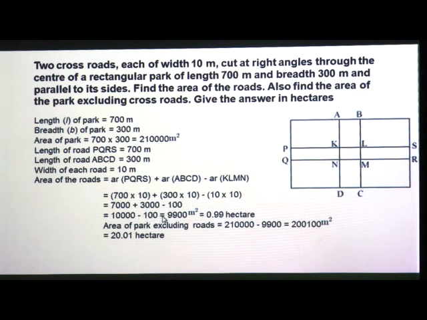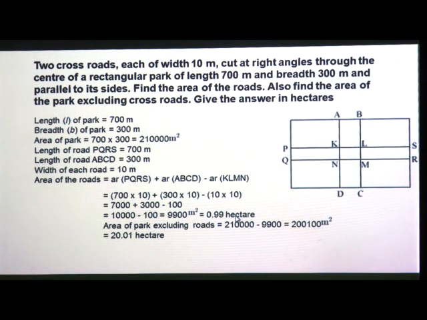is equal to 9,900 meter square, because it is the area of PQRS as well as the area of ABCD minus the area of KLMN. They had told us to write in hectares.